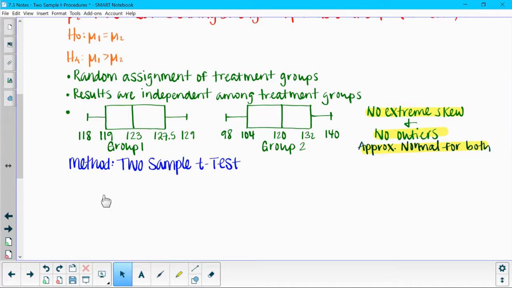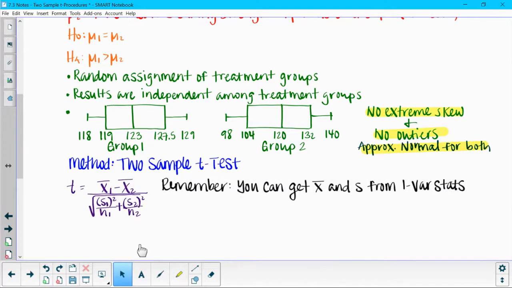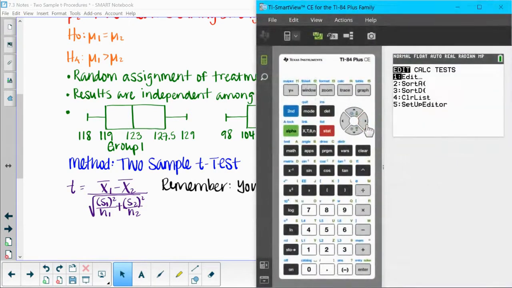Now we are going to go through this by hand, and then I will show you the calculator. So here is my formula. Remember that on your calculator, you can get x-bar and s from 1-Var Stats. I can bring that up really quick. If I go to stat, calc, 1-Var Stats, I can do it for L1, I could do it for L2, and I can calculate, and it's going to tell me what my sample mean is and what my sample standard deviation is.